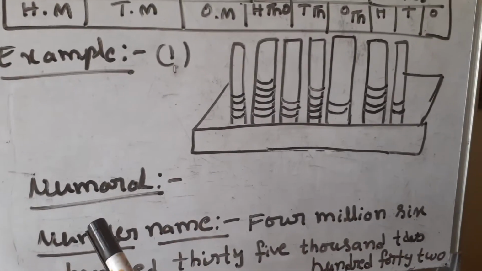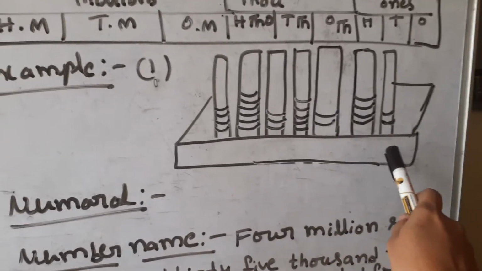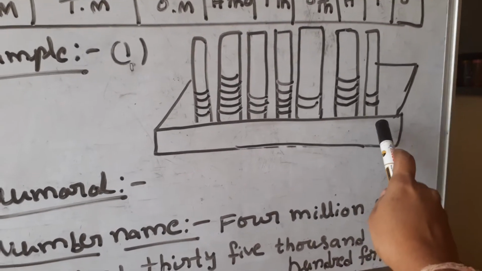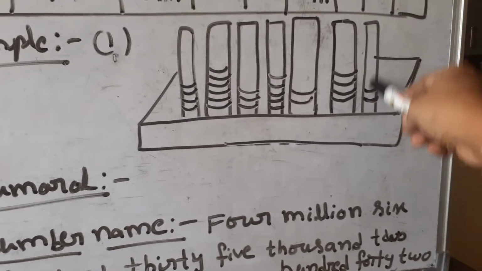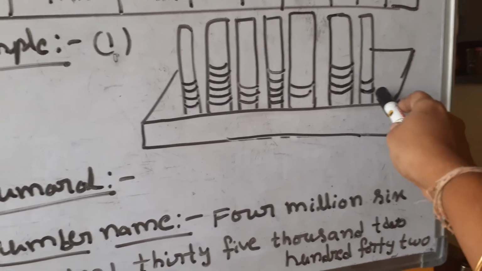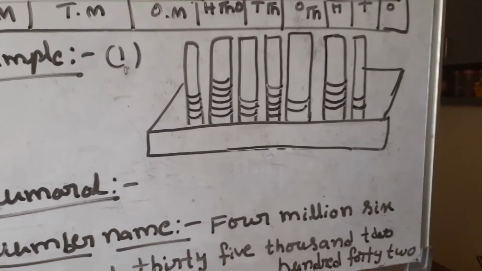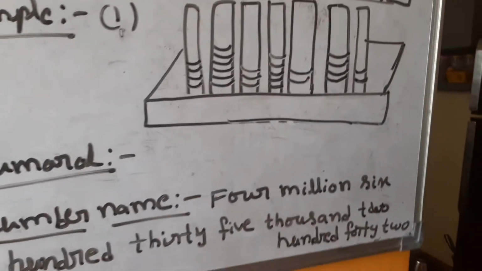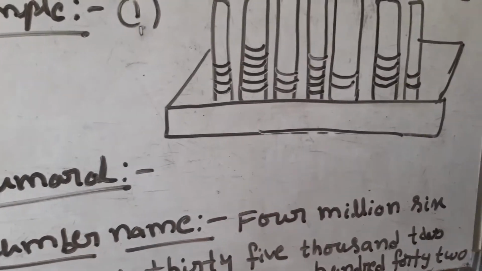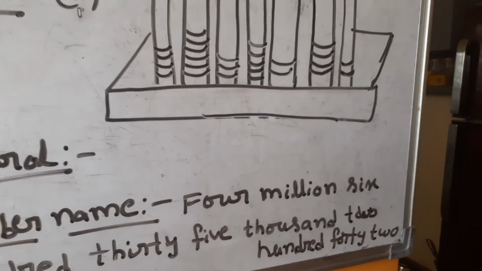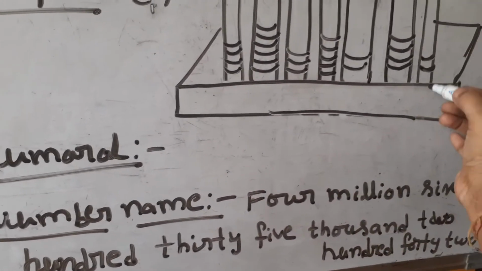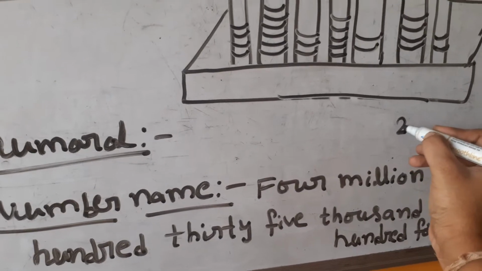Solution: look at the diagram, students. The first pole has how many rings? 2 rings. We start from the right-hand side, beginning from the right. First, 2 rings.